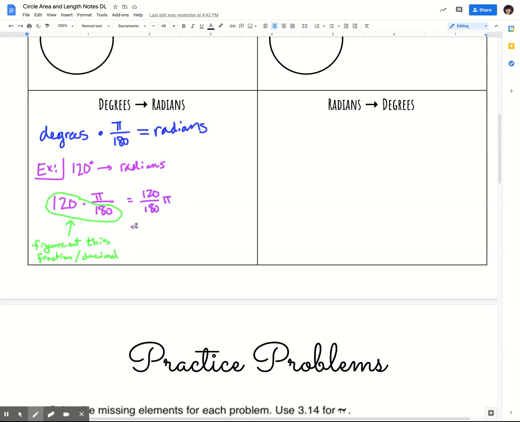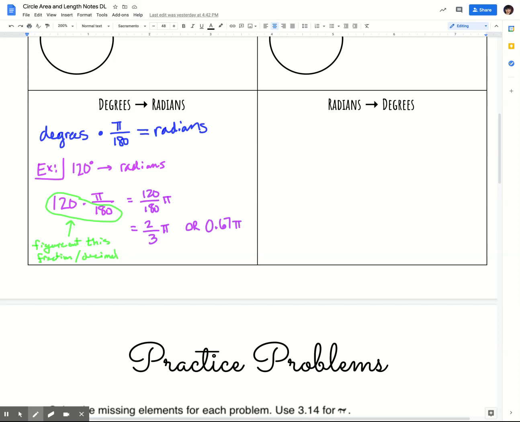You can either reduce the fraction. If you reduce that fraction, that reduced fraction is 2/3, so 2/3 pi. Or you can plug 120 divided by 180 into your calculator, which is 0.67 if you round, and then you stick a pi on the end.